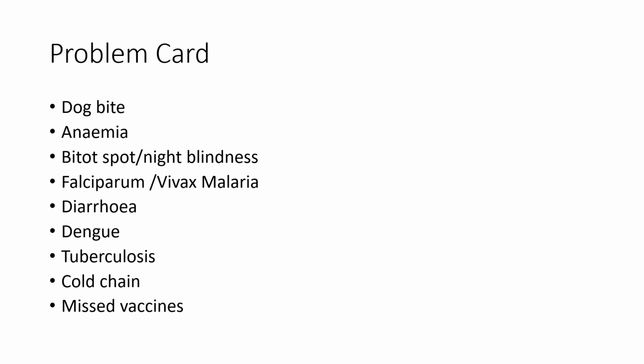In the problem card, the most commonly given problem cards are about dog bite, where you need to identify the category of dog bite and comment on the prevention and management based on it. So do take care not to categorize the bite in a wrong fashion.